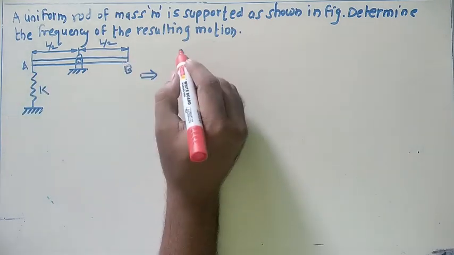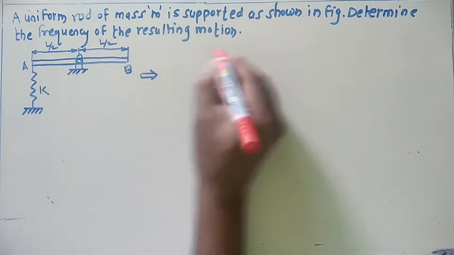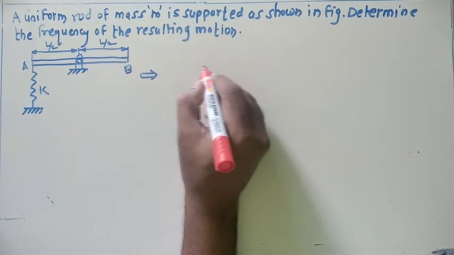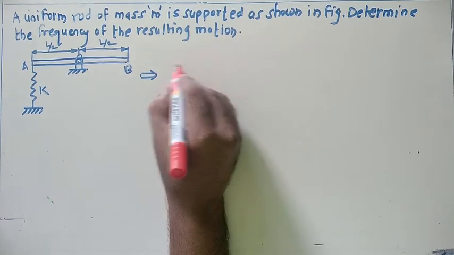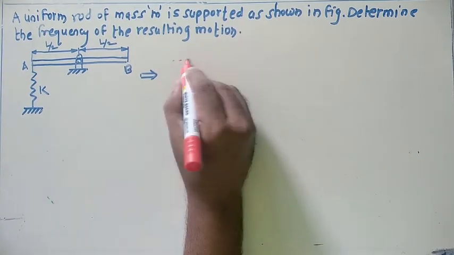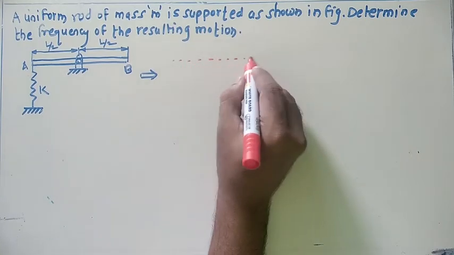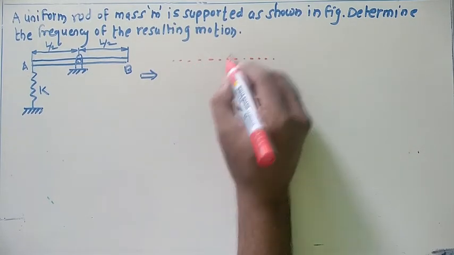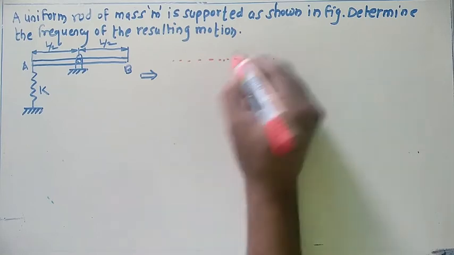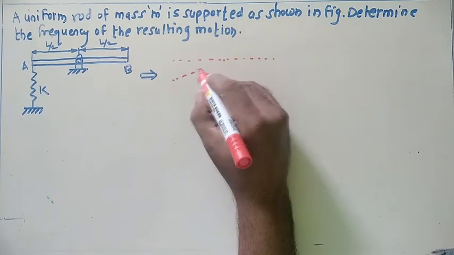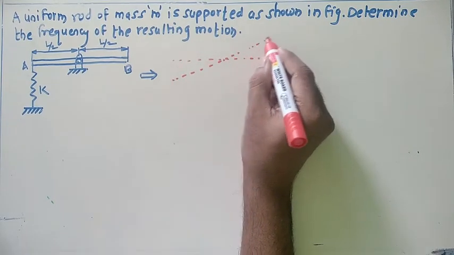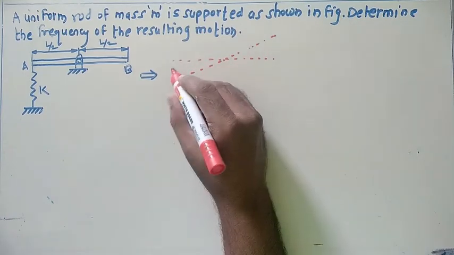The displaced diagram or the free body diagram of the system will come like this. This is the original position of the rod. Let me show the displaced position of this rod.